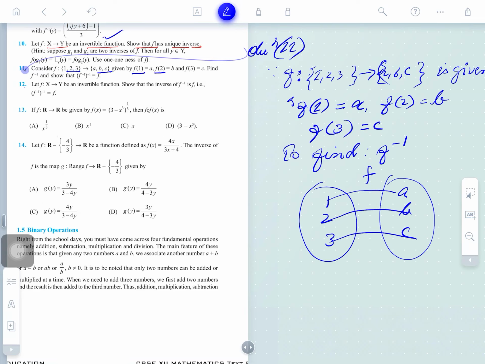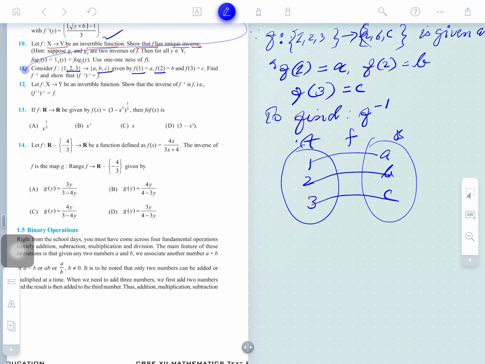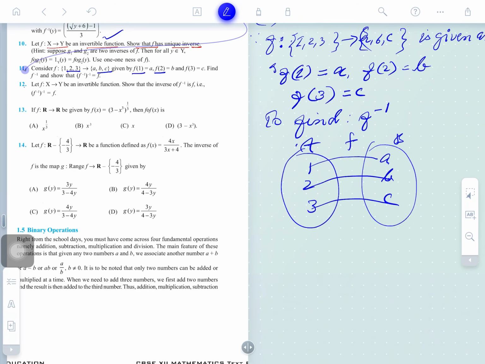Okay, we have to find f inverse. How can we find f inverse? It's very simple.